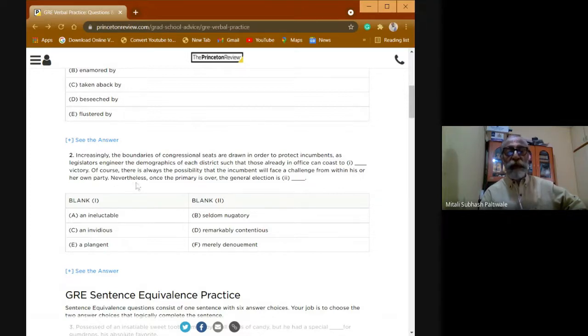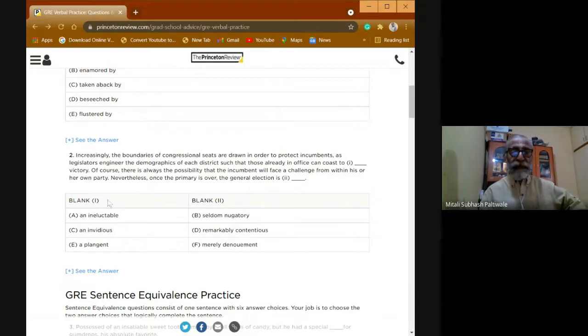Nevertheless, once the primary is over, the general election is again the second blank.